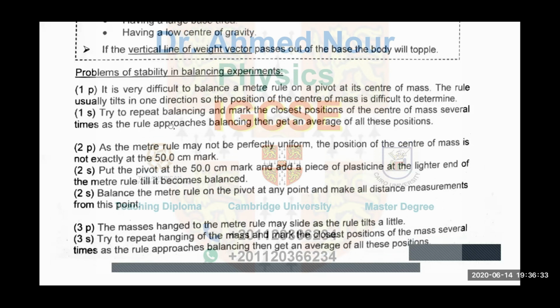How can you solve it? Try to repeat balancing and mark the closest position of the center of mass several times as the rule approaches balancing, then get an average of all these positions. So I repeat more and more and put the pivot and try to balance the ruler till I get the most accurate point.